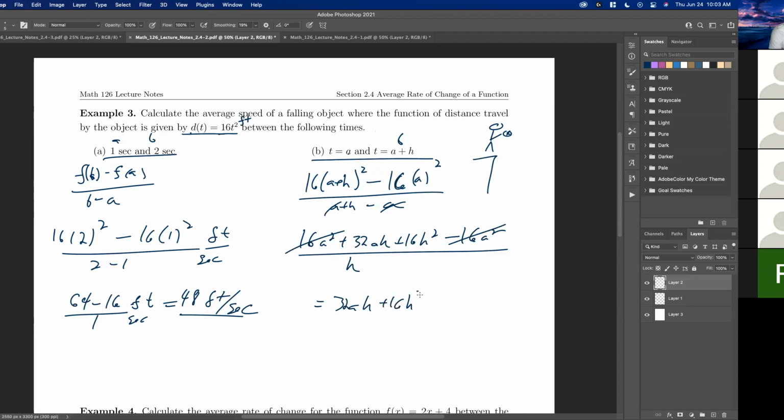Plus 16H squared all over H. Since I have an H in each term, I'll cancel out an H everywhere. We get 32A plus 16H.